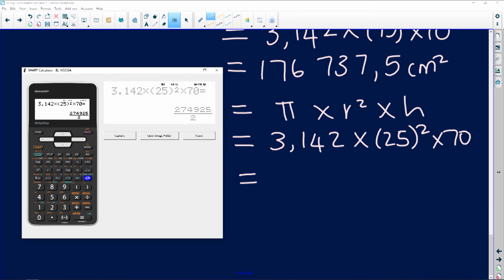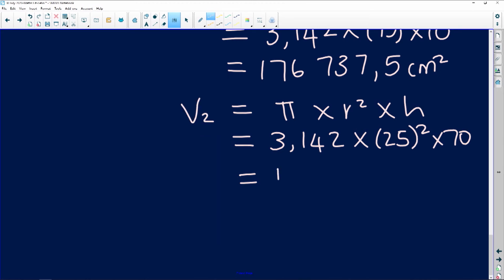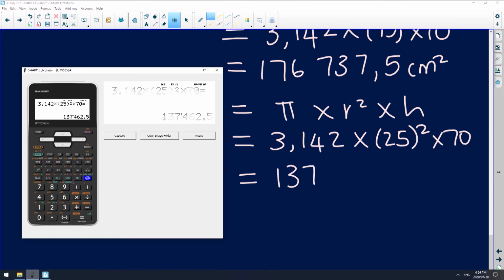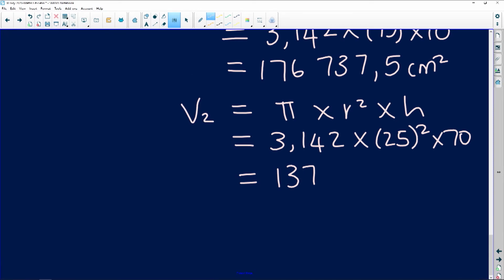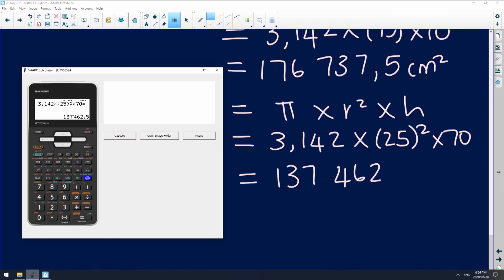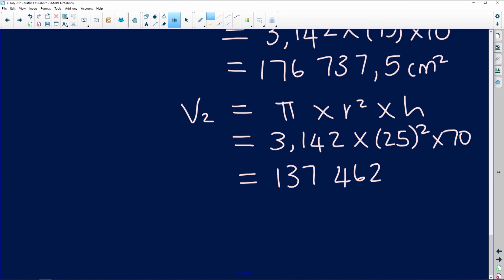Big number again, 137,462.5 centimeters cubed. You can tell already the volume at the bottom is smaller than the volume at the top. Now I take these two and I add them together.